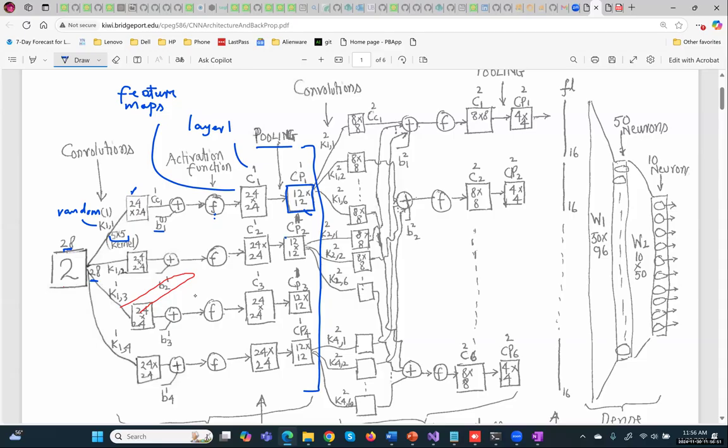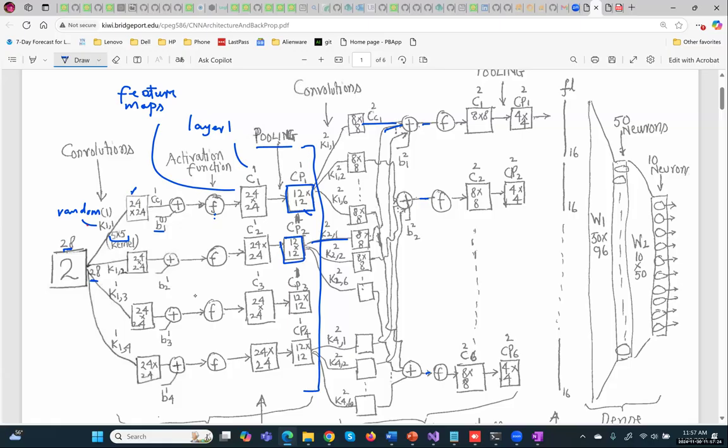Similarly, 6 more convolutions to the second. So in total, how many convolutions will we do over here? 4 times 6, 24. But like I said, the first output over here and the first output over here will be added together, and similarly for all of these 4. So as we add all of these, we'll end up with only 6 total convolutions.